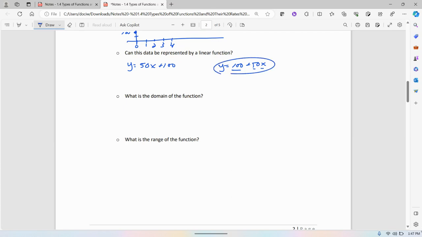Formally, y equals mx plus b. Y equals, or f of x equals 50x plus 100. The domain, again, x has got to be greater than or equal to 0 because we're starting at 0 weeks. Working forward from there, the range, you started with $100 and your amount in your account goes up from there.